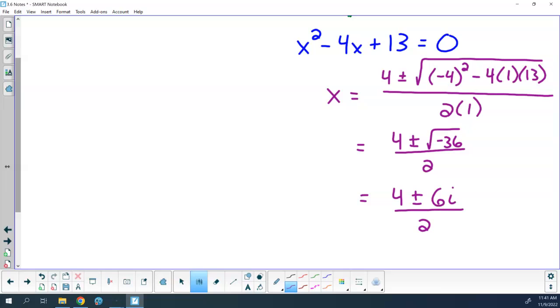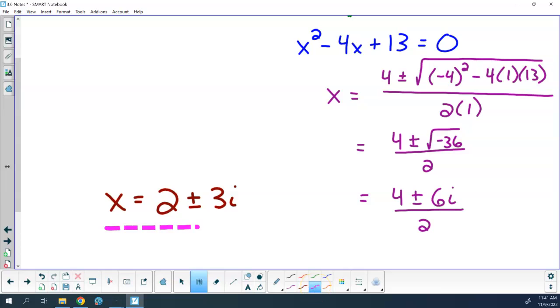My numbers, 4, 6, and 2, do they have a common factor? 2, right? Okay. 4 divided by 2 is 2. 6 divided by 2 is 3. 2 divided by 2 is 1.